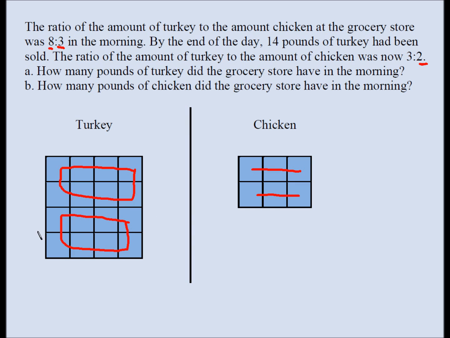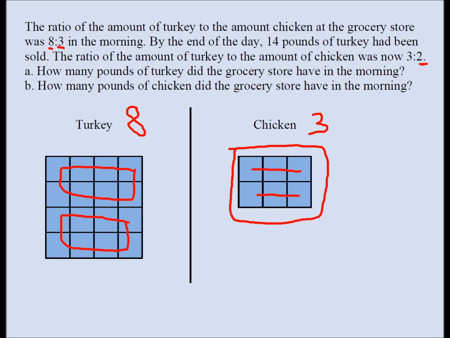So this is still a good representation of the original ratio. All I did is multiply 3 by 2, I got 6, multiplied 8 by 2, I got 16. So my old ratio still holds. So this is consistent, this is still 8:3. However, I can easily split the area that represents chicken into 2 parts fairly conveniently.